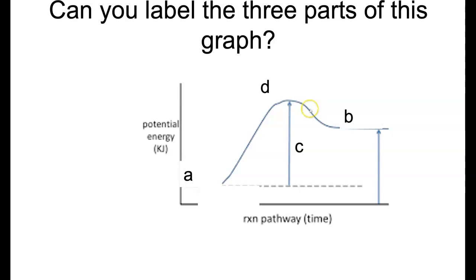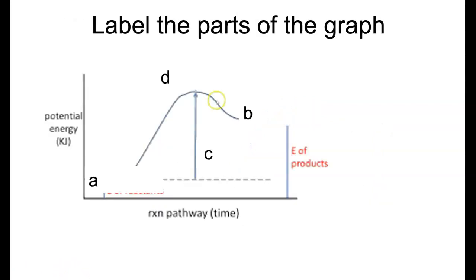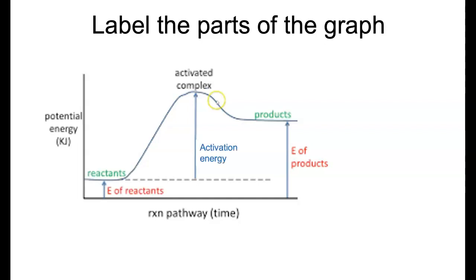All right, so let's take a look. How did you do? Hopefully you were thinking the reactants over here on the left. We can see the amount of energy those reactants have. At the top, the activated complex, and at the end, the products and the energy of those products. Keep in mind, hopefully you were thinking this is an endothermic reaction.